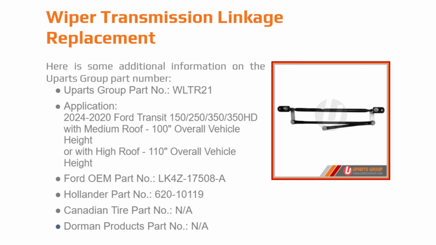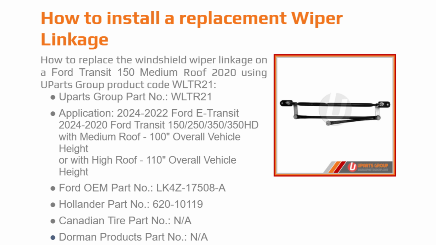The Ford OEM part number is LK4Z-17508-A, and the Hollander part number is 620-10119. How to change a wiper linkage on a Ford Transit 150 medium roof 2020.